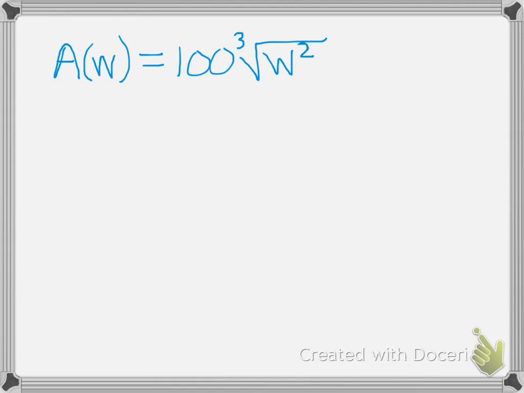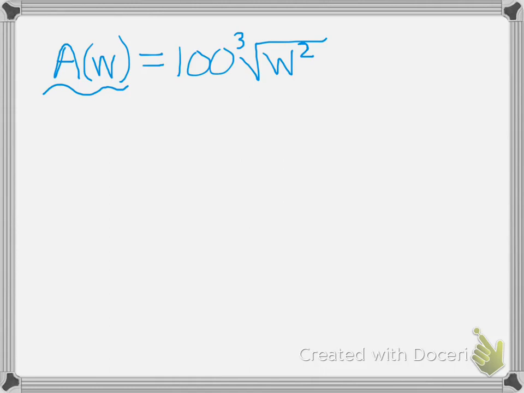So A is a function of W. All this means is that if you plug W in, you're going to get A. Now A is the weight of the bird, and W is the wingspan. They tell you that in the story problem, which is straight out of the book.